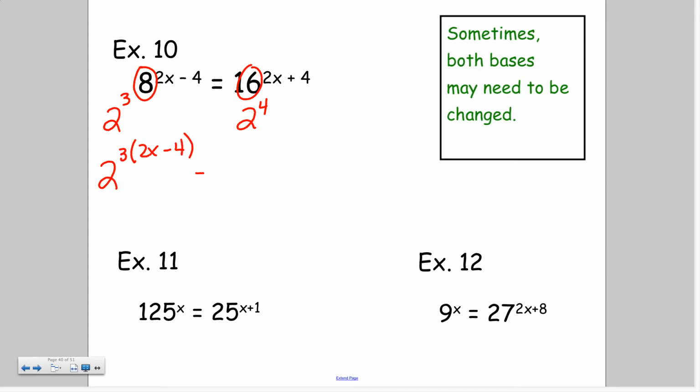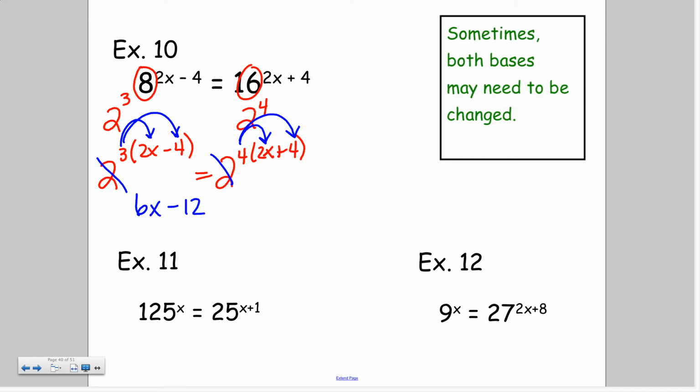Gotta remember to put the stuff that's already there with it. Now I can drop them, and I just need to distribute. Okay, now I'm going to get x's on one side, constants on the other. So we're going to go negative 28 is 2x.